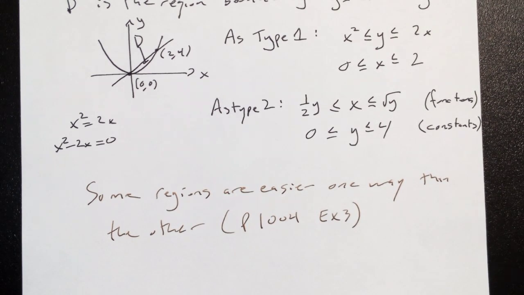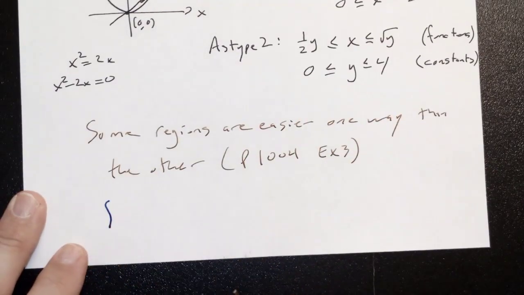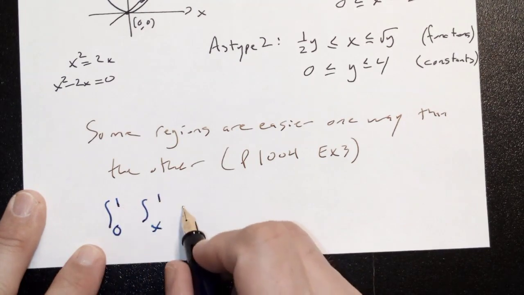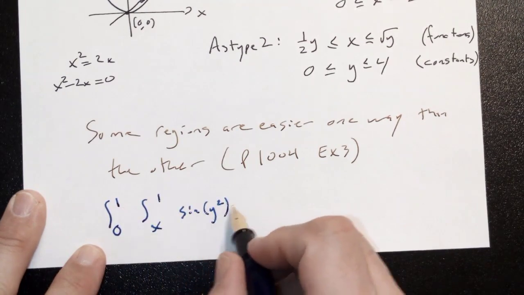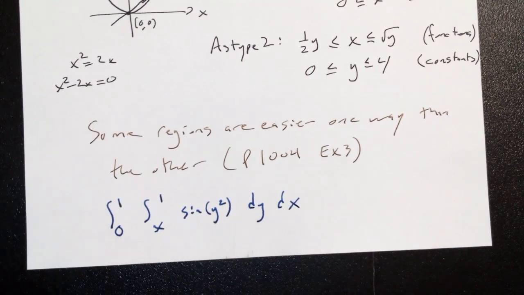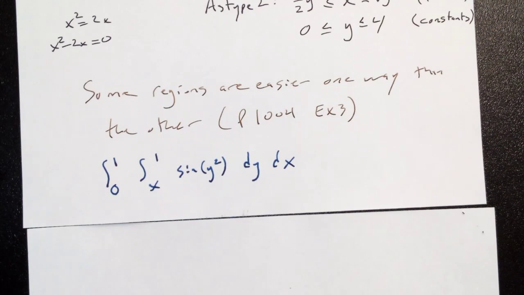Sometimes it isn't the region that's the problem, but it's the function that's the problem. As written, is this type 1 or type 2?